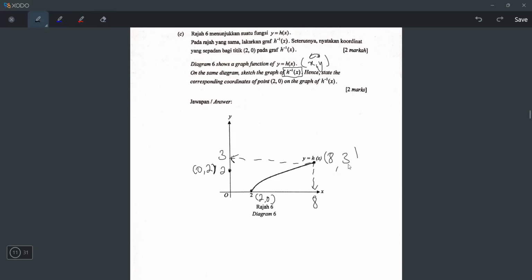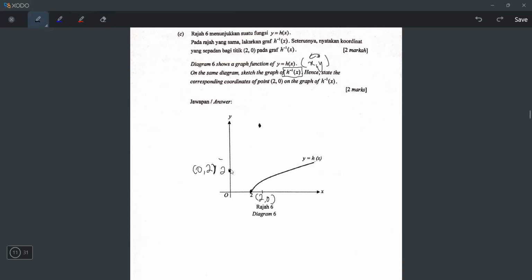The reason I write this is because I want to know lebih kurang mana dia punya coordinate lepas saya terbalik. When you terbalik this, it becomes (3, 8), right? Here is 2, so 3 will be a bit to the right, and 8 will be very high, somewhere like here. So this is the (3, 8) point. But remember, you have to erase this, because I just simply put it. Now I already know the point is lebih kurang here.